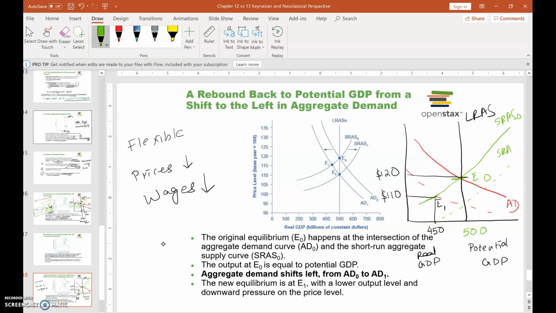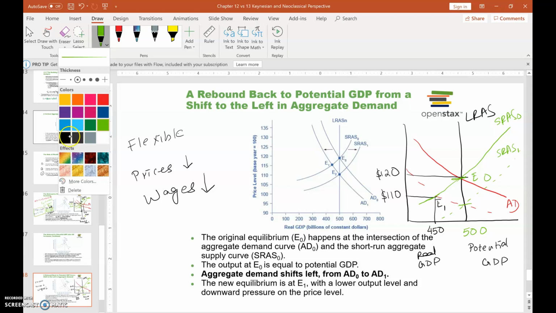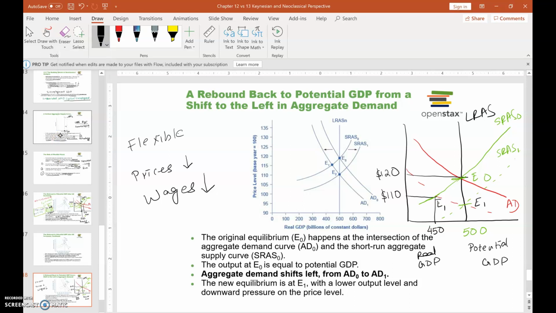So I have S1 shifting to the right here. I have another point of equilibrium, and the prices are down even further, but we are back to the full employment level of gross domestic product, or the potential gross domestic product.